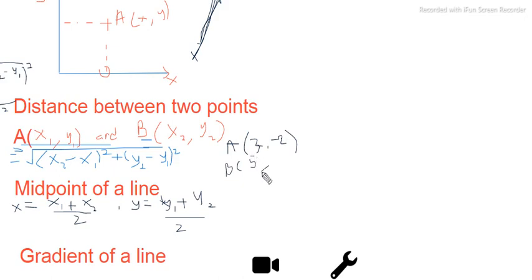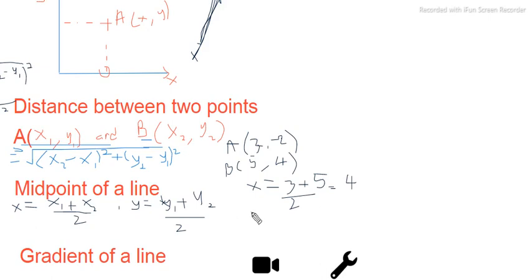The 2 points form a line. If you want to calculate the x coordinate, it is x1 plus x2, so that will be 3 plus 5, where x1 is 3 and x2 is 5, over 2. This will give us 8 over 2, and 8 divided by 2 is 4. So the x coordinate will be 4.